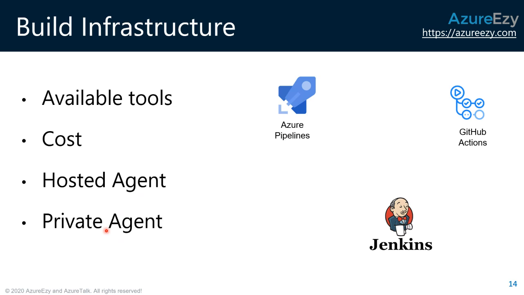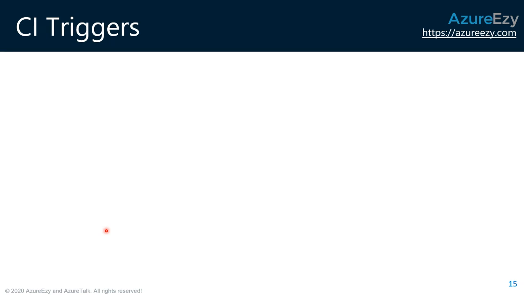Now, once you have all these considerations in your planning, that okay, these are the things I will need, then you go through implementing your build pipeline. When you implement your build pipeline, the first thing which comes into the picture is CI triggers.